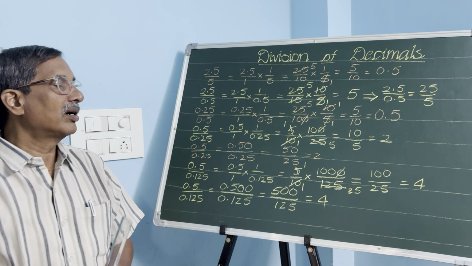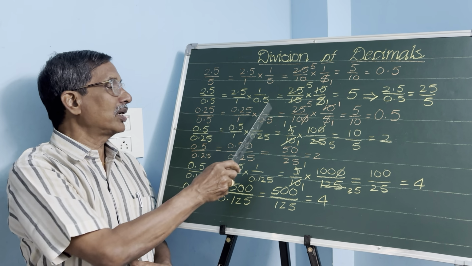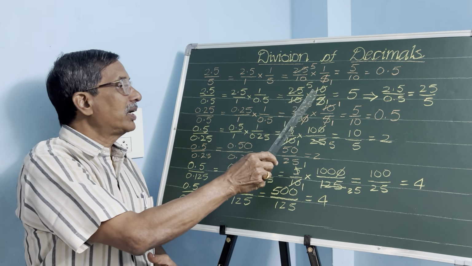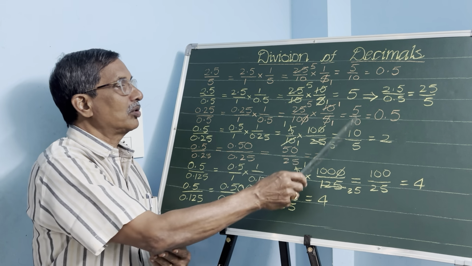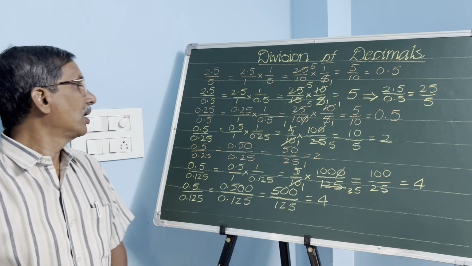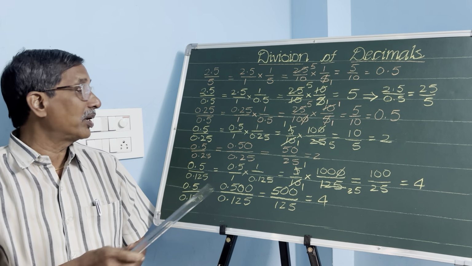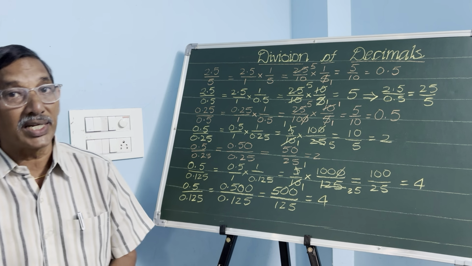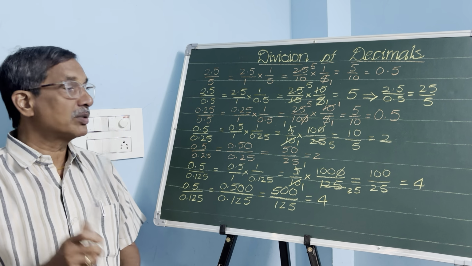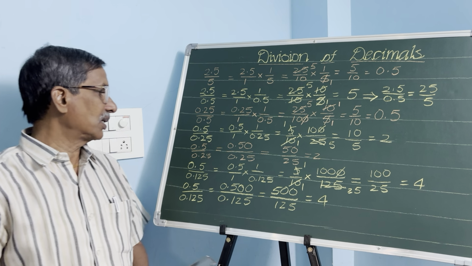After simplification, you get 5 into 1 by 10 into 1, that is 5 by 10. 5 by 10 is the same as 0.5. See here, the numerator has 2 decimal points and the denominator has 1 decimal point. The difference of decimal points is 1, and you got 1 decimal point in the quotient.